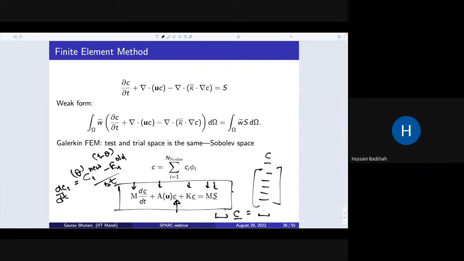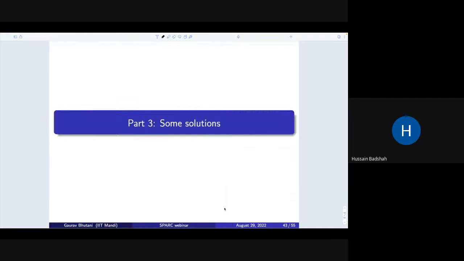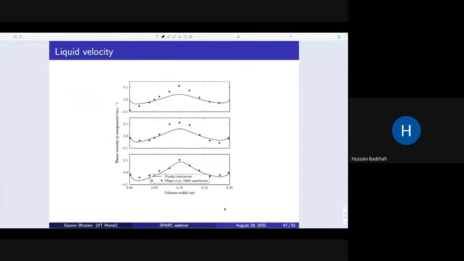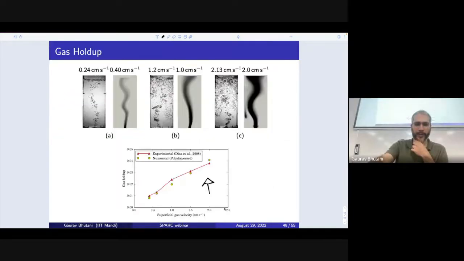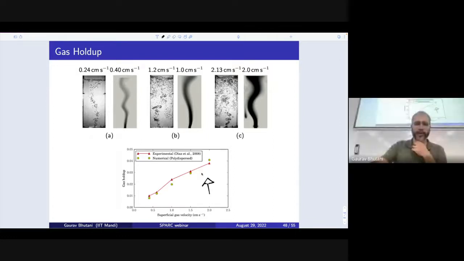Sir, at last, one more question. You have shown the volume fraction graph as an output. Is this graph on an average basis, maximum basis, or minimum basis? I have shown you the gas holdup, right? This type of graph, gas holdup, is averaged over the whole, complete volume.